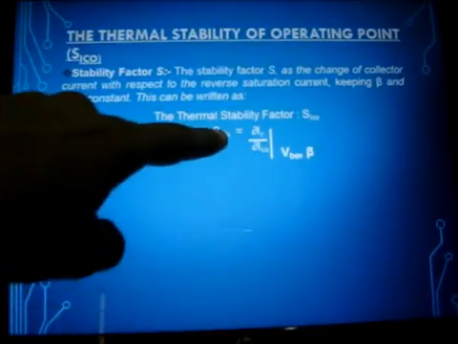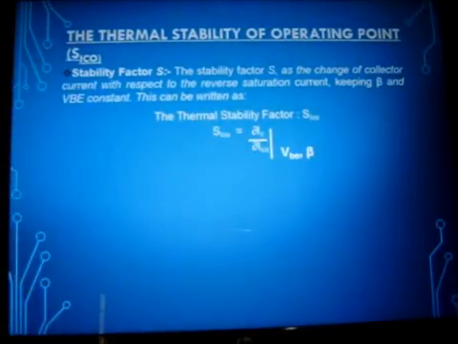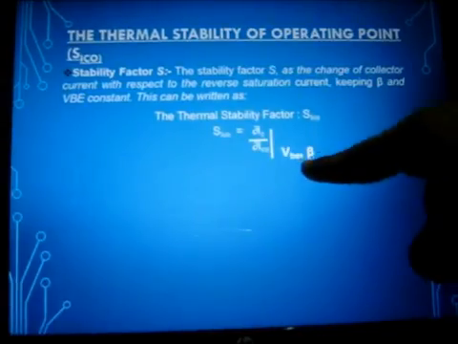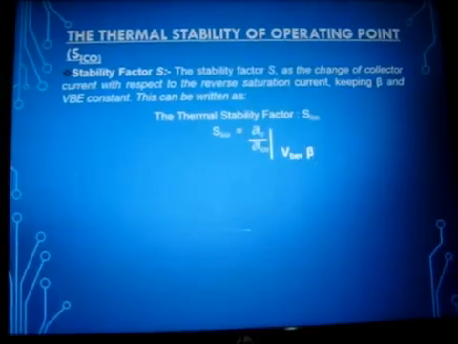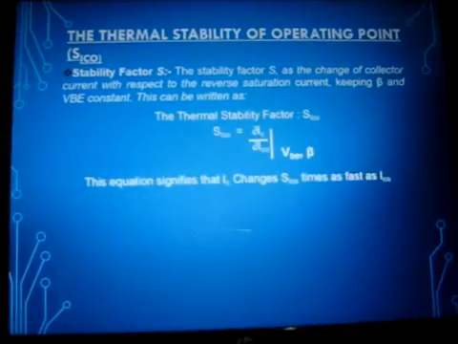So this can be better written as the thermal stability S(ICO) equals dou IC by dou ICO, that is a small change in IC and ICO when VBE and beta are constant. So this is the thermal stability factor. This equation signifies that IC changes S times as fast as ICO.